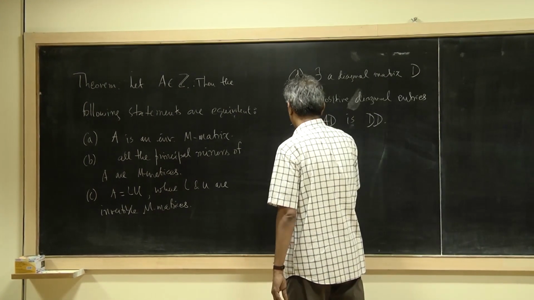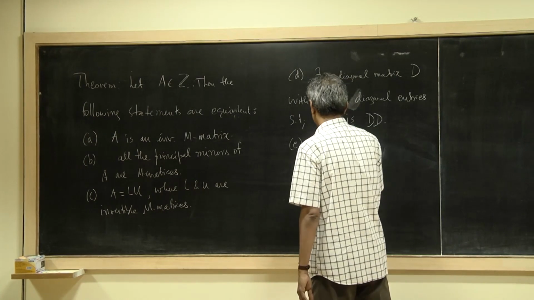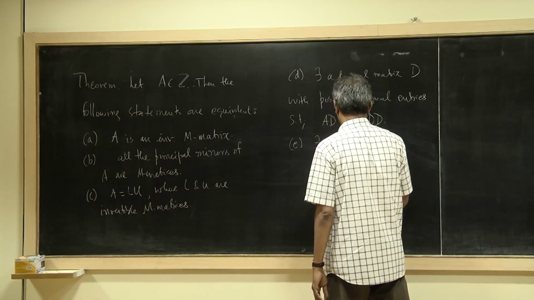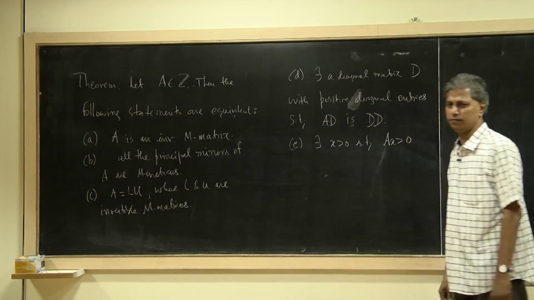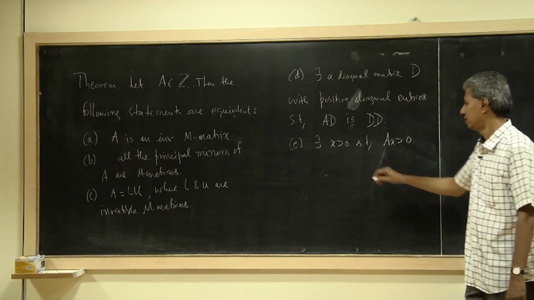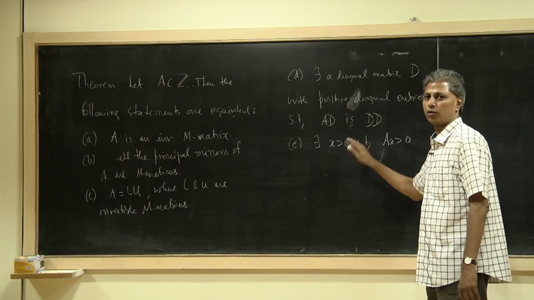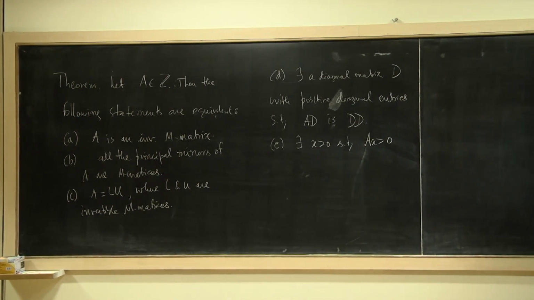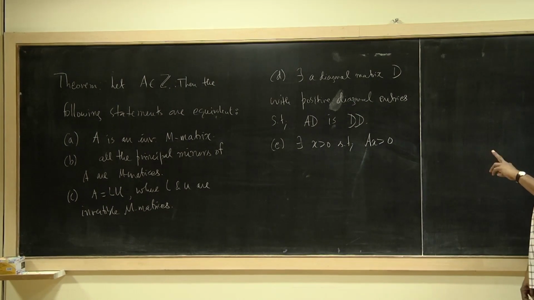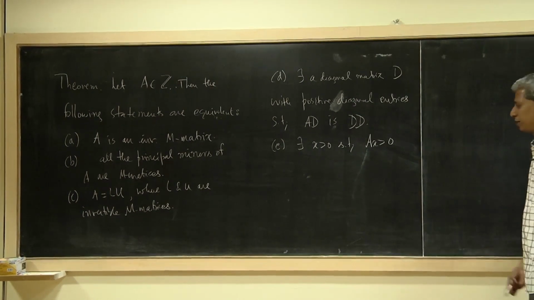So I am going to write 2 more statements there. There exists an x positive such that Ax is positive. What is the meaning of this? x positive means that all coordinates of x are positive. So there exists x positive such that Ax is positive. Matrices that satisfy this condition are called semi-positive matrices.